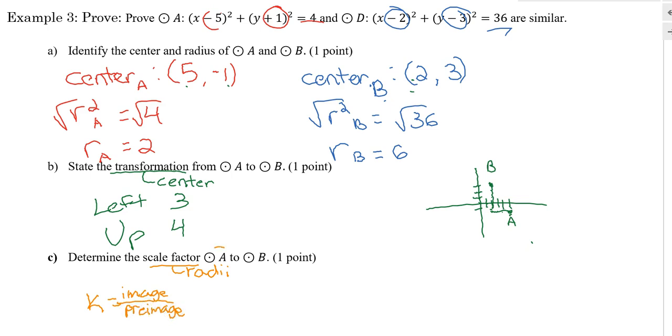We always go from the pre-image to the image, so my image is B over A. If I'm doing radii, the radius of B is 6 and the radius of A is 2. If we can reduce, we have to. 6 divided by 2 is just 3. And that is it. Go ahead and work on your activity.